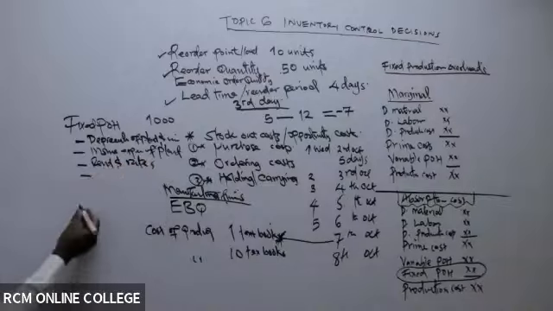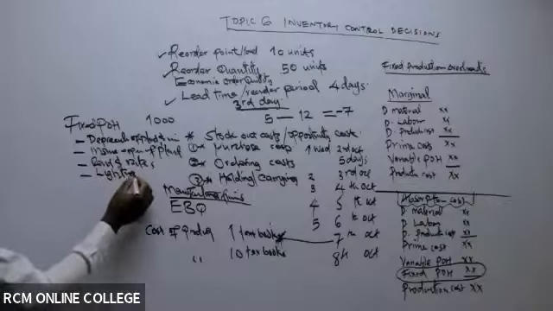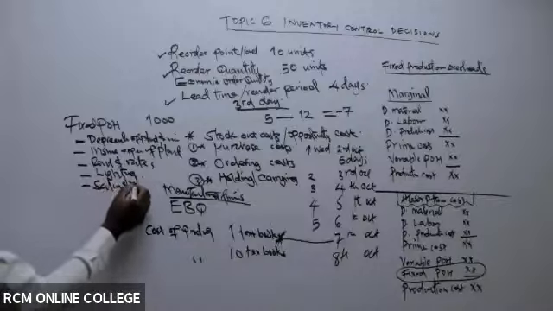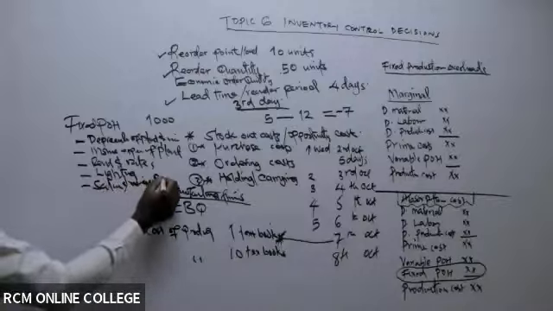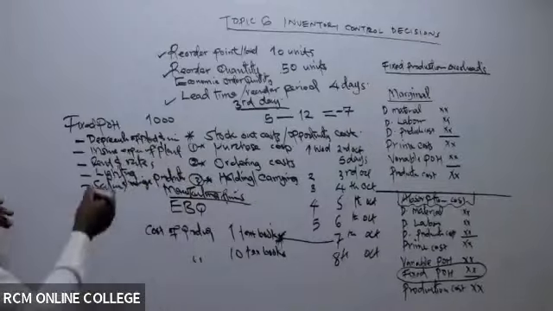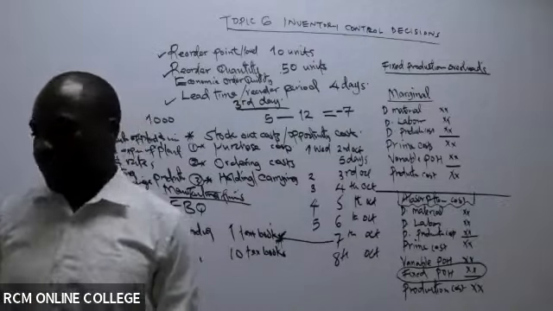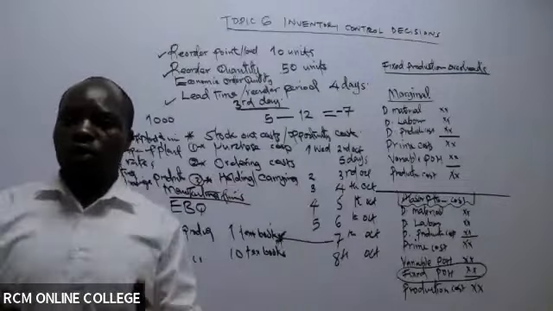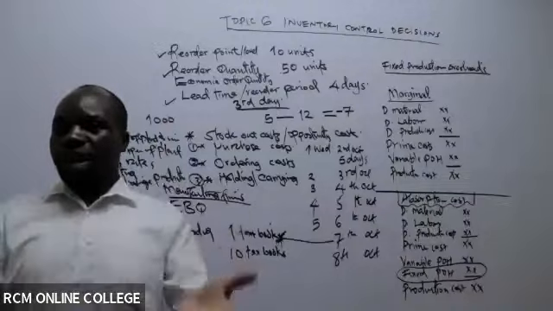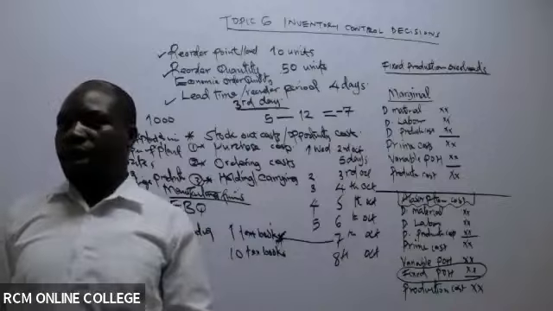We are talking about lighting. Talking about salaries and wages of the production manager. So these fixed costs, whether you do production or not, whether you get to work or not, you must pay for them. So if you are living in a rented house, whether you are working or not, you have to pay rent at the end of the month, right?